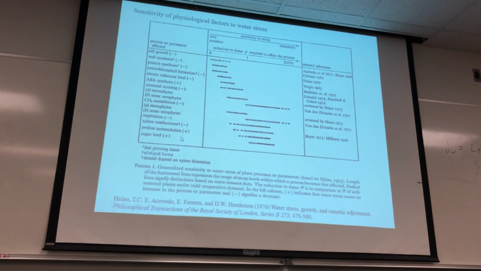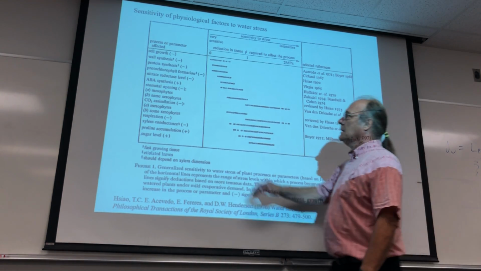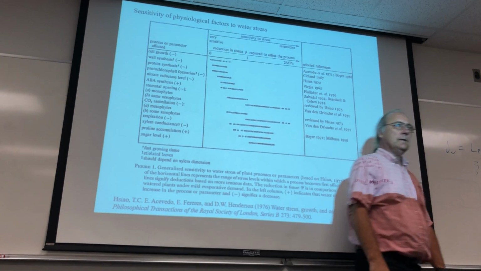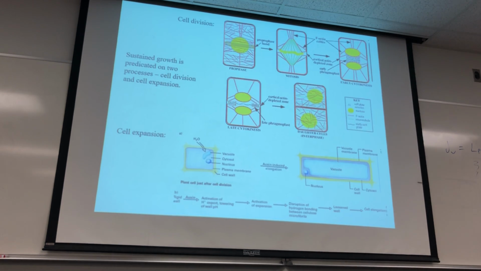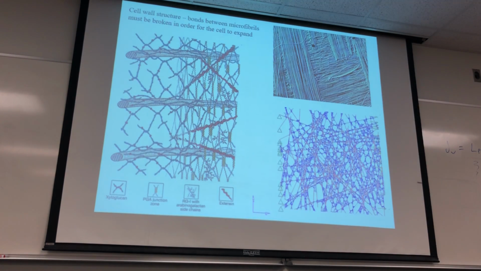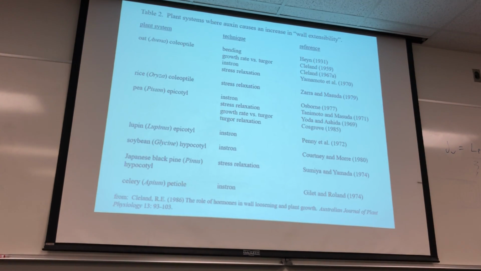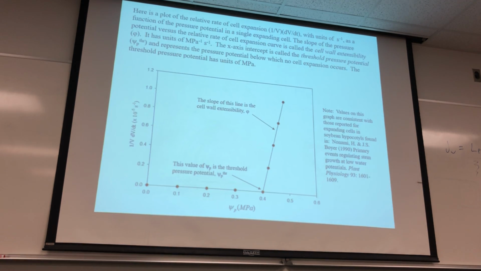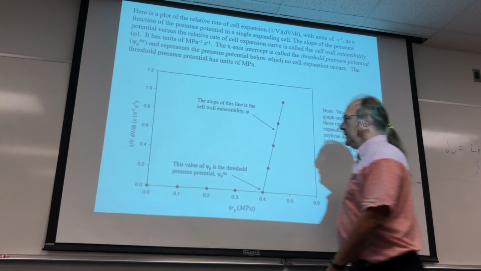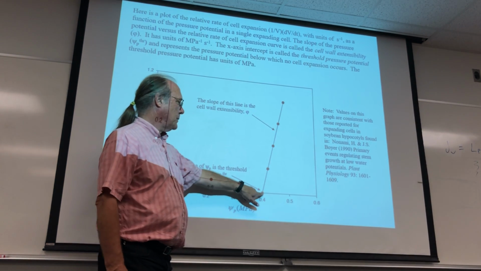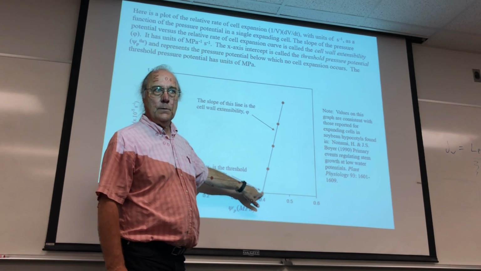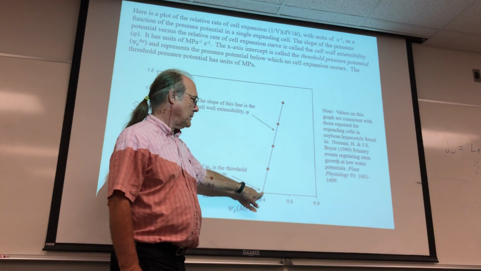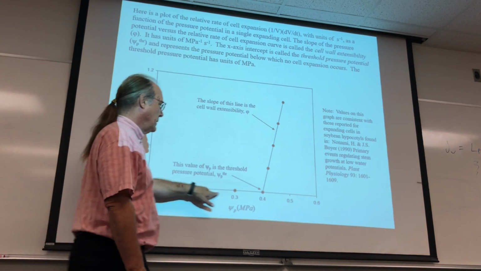What's important here? Cell expansion, okay. Why cell expansion? Very sensitive to water stress. And when cells expand, a couple of the parameters that affect the rate of expansion: the threshold pressure potential below which no cell expansion occurs, zero below that.